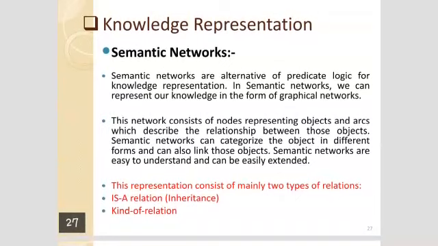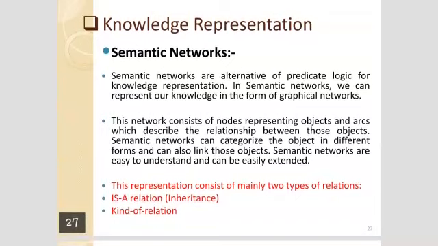There are two things, object and arc. So what is an object? The things or elements which are available in that statement. Next is the arc. An arc describes the relationship between different objects in the semantic network.